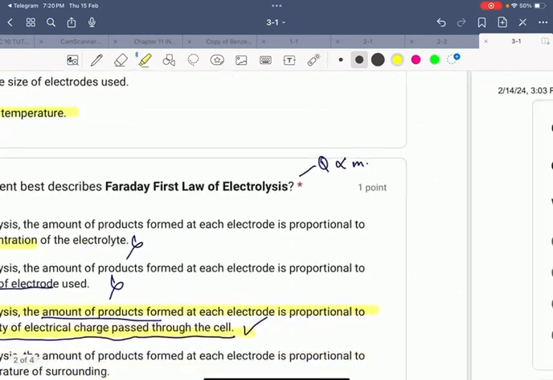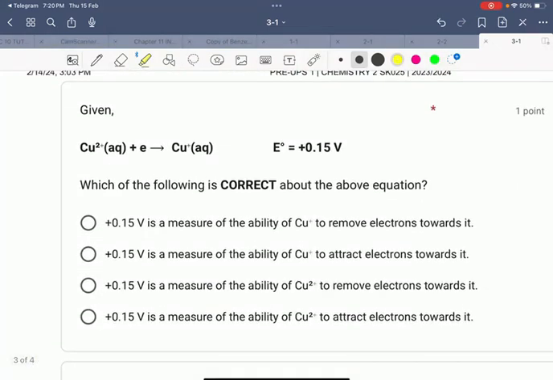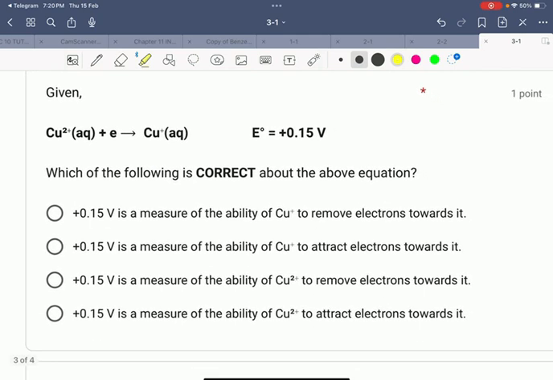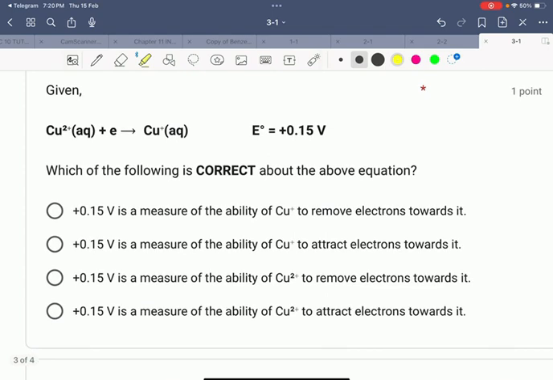Okay, now we go to the next question. Copper ion receives electron to become copper ion plus. Which of the following is correct about the above equation?